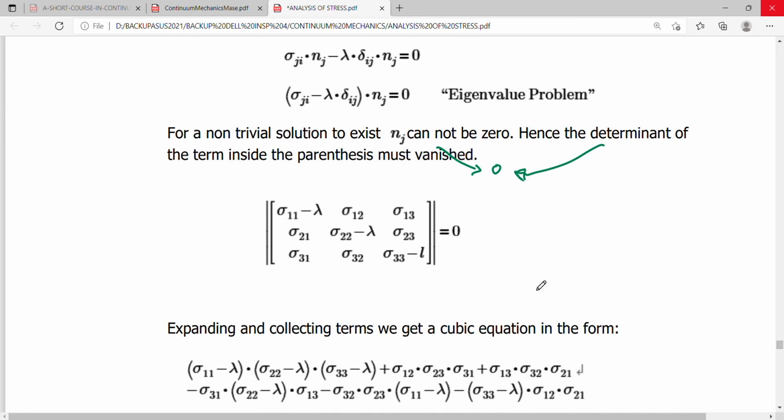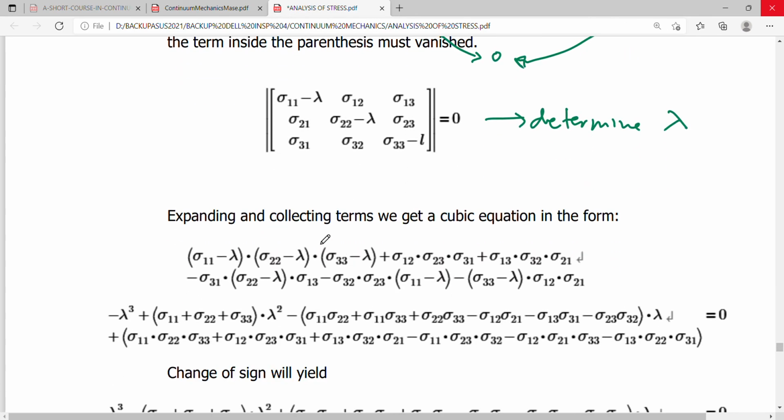So the checking of the determinant of this value inside the parentheses will give us now a procedure on how to determine the eigenvalues for lambda. So lambda now will be obtained by simply making use of a determinant procedure or operator in this regard. So if I do it, expanding and collecting the terms, we get a cubic equation in this form.